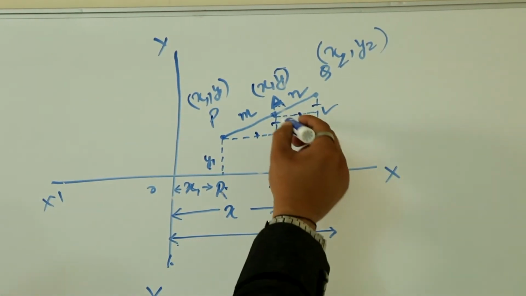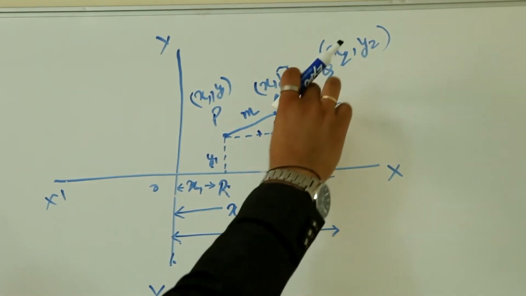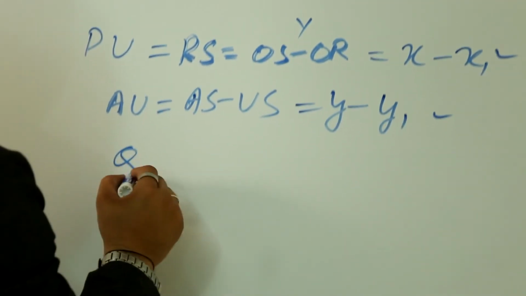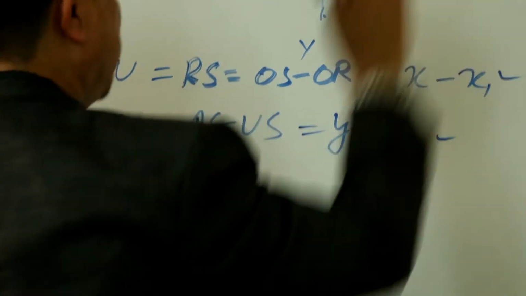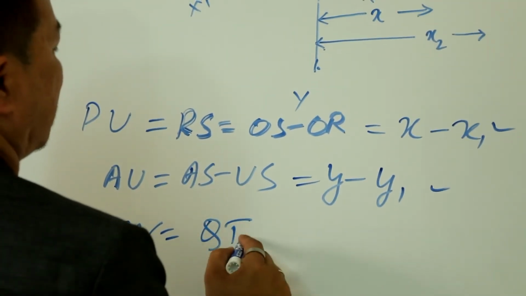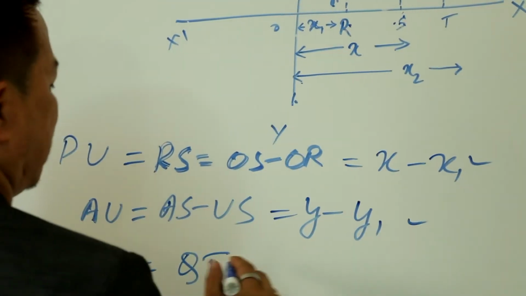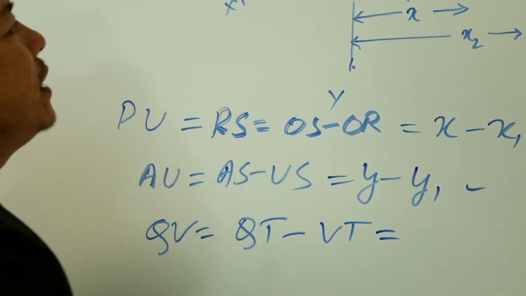So how do you find it? What is the value of AS? As you know, the value of AS is y. So how do you find the value of QV? QV is equal to the line segment QT minus this portion VT, equals to, what is QT here?